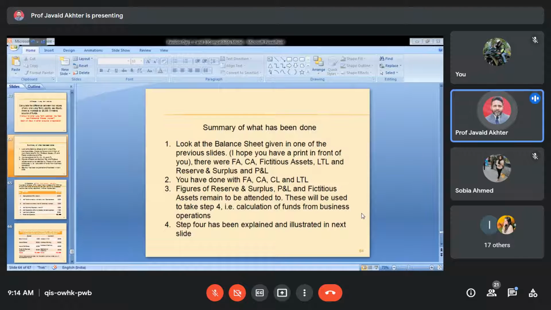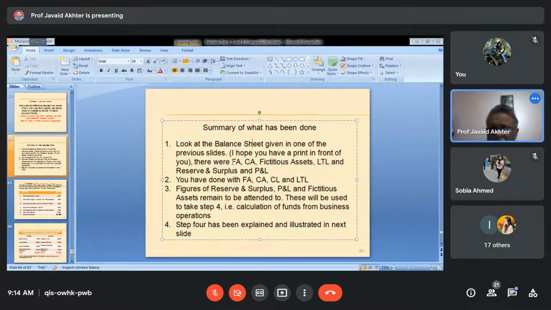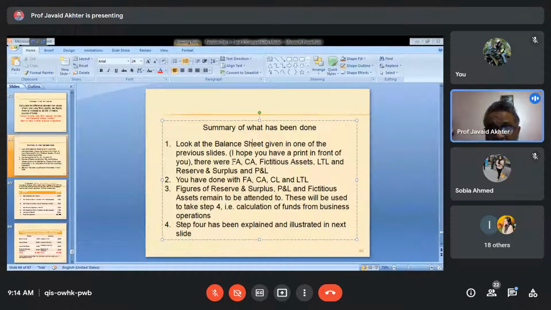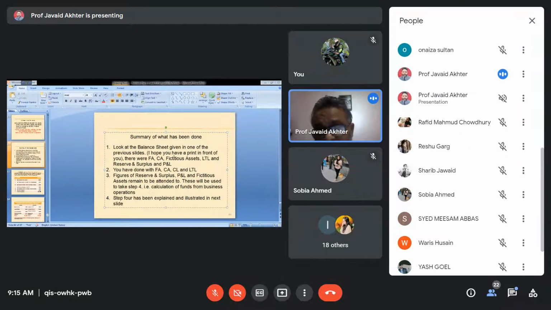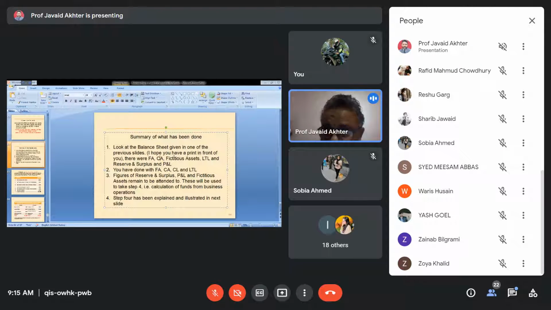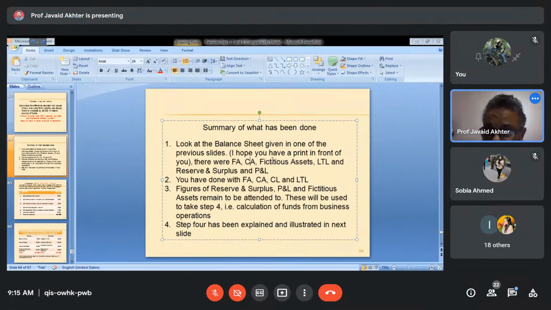So I will repeat what I have done, a summary of what has been done. If you look at the balance sheet, you will broadly find two sides, asset side and liability side. In the asset side, you have fixed assets, current assets, fictitious assets. Some assets are intangible. On the liability side, you find reserves and surplus, equity, those things.